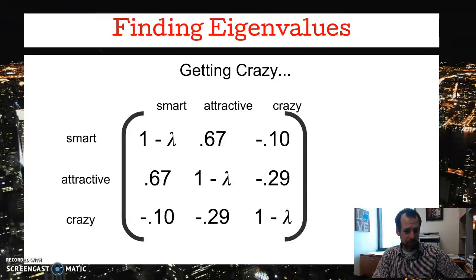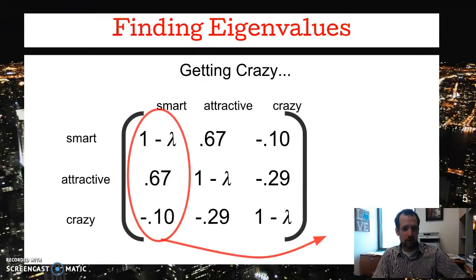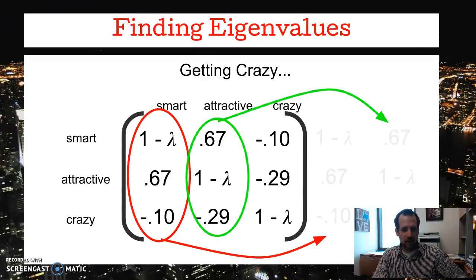And then you've got to do something a little bit crazier to be able to do some of this calculation. We're going to take this first line of this matrix here, and we're going to put it actually outside of the matrix, and then we're going to take the second one and put it outside also. And that's going to help us to calculate this equation to be able to find the eigenvalues.